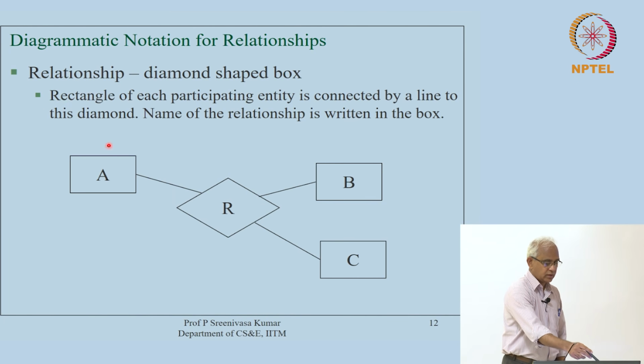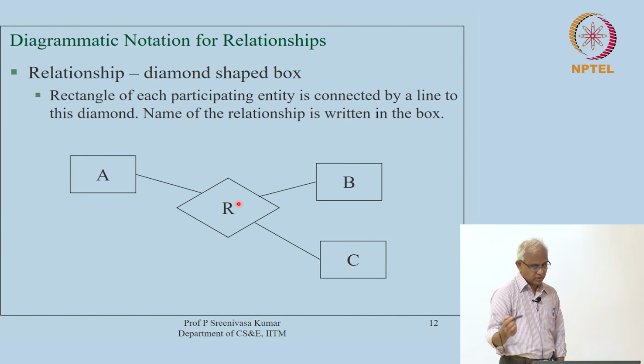Remember that this has other details to it, for example, all the attributes are around this. I have not shown those things, but they are there. This also has attributes around it, and now there is a new thing we are bringing in, the relationship, which we draw in a diamond-shaped box and then draw lines to indicate that all these three entities are participating in that relationship.